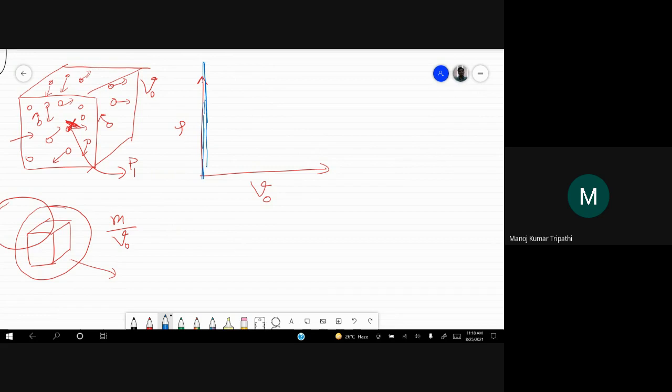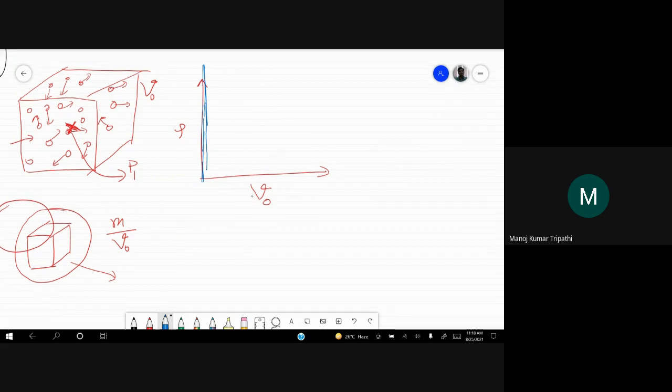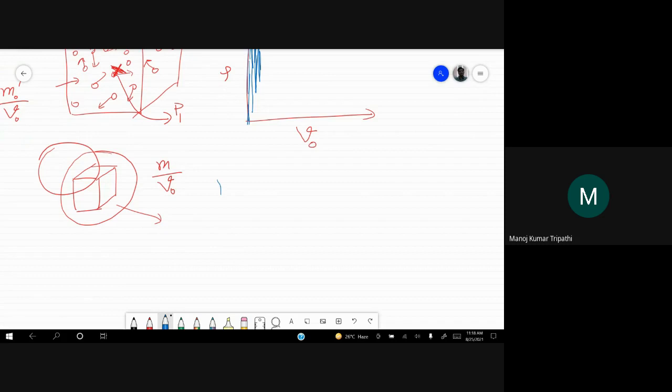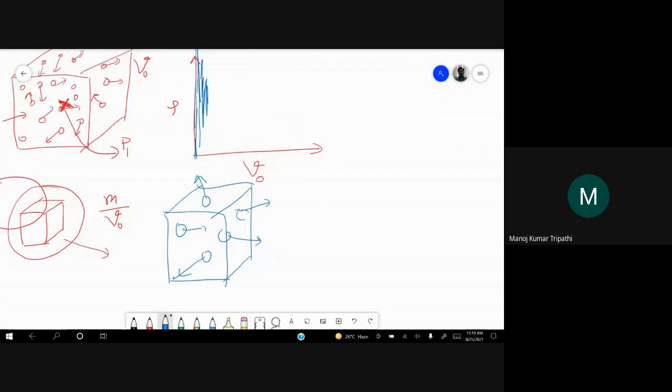As you increase this V0 volume, this uncertainty will reduce, right? As you make it slightly bigger, some molecules are leaving, but all the times there are some molecules that are inside also. So it is not going to 0. The density has some bound.